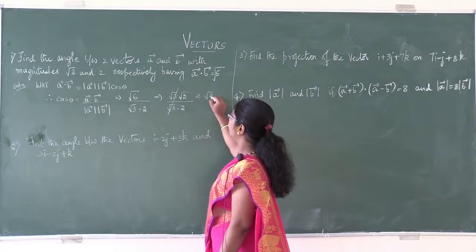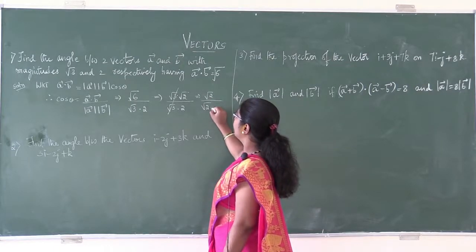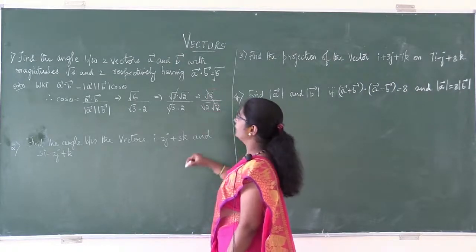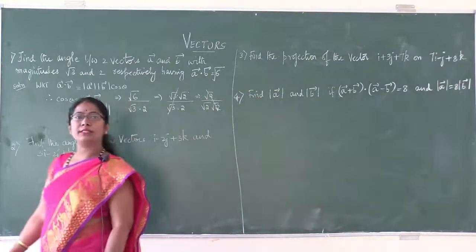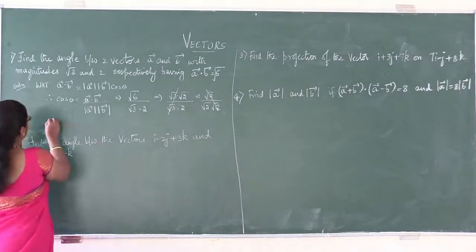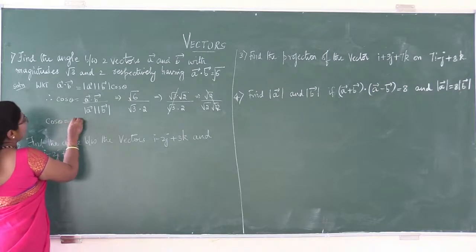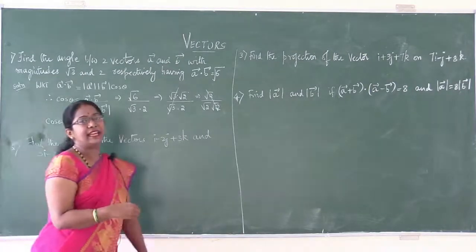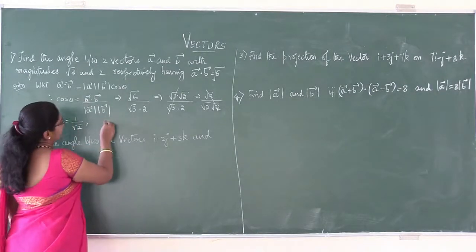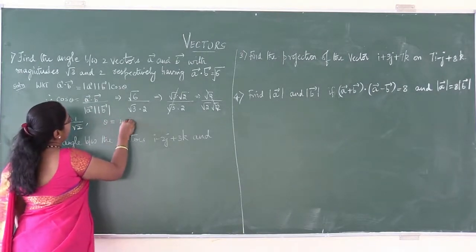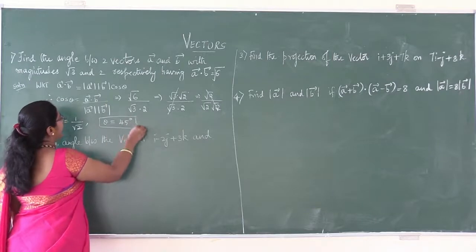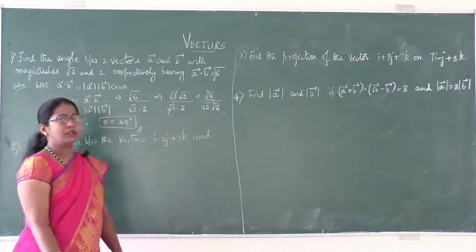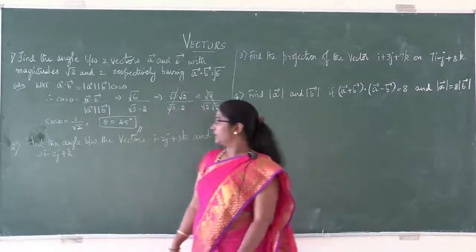Yes, 2 can be written as root 2 into root 2, root 2 gets cancelled. Therefore, what is cos theta equal to? Hence, cos theta is equal to 1 by root 2. The question states to find the angle. So, what is the angle? That is, theta is nothing but 45 degrees. This is the first problem.